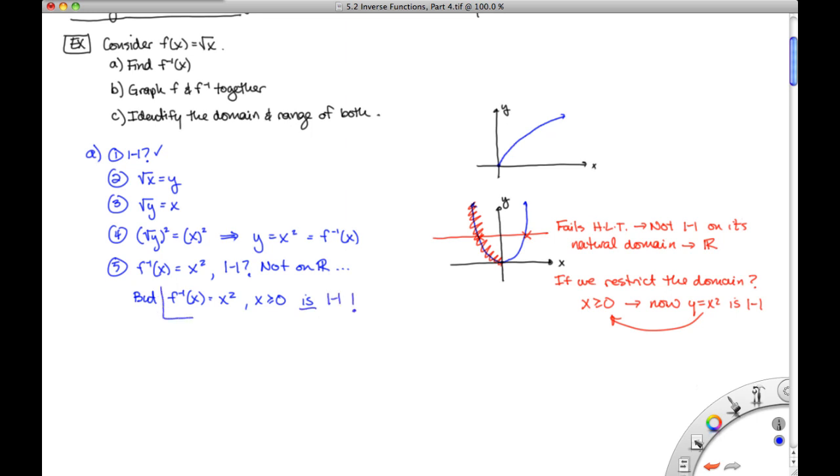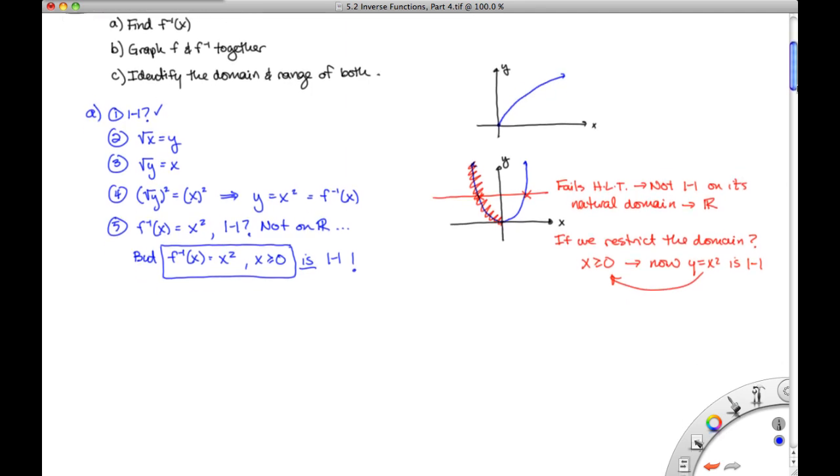And we have to include that condition on x, that would be our inverse function. So that's an example of why we need to sometimes restrict the domain in finding a function and its inverse. Okay, so that was part A.